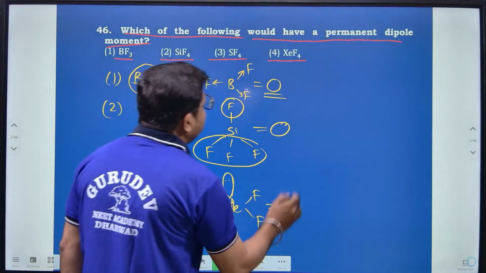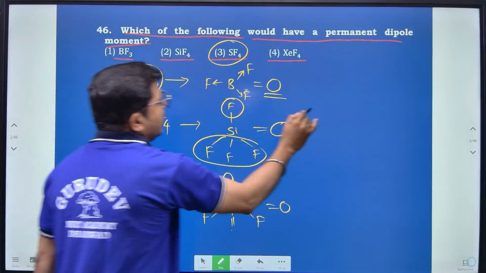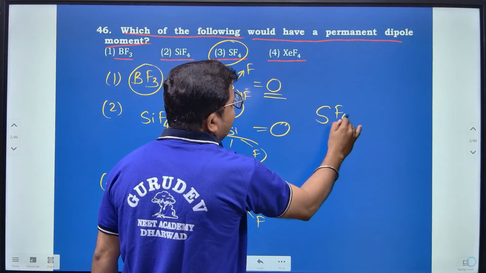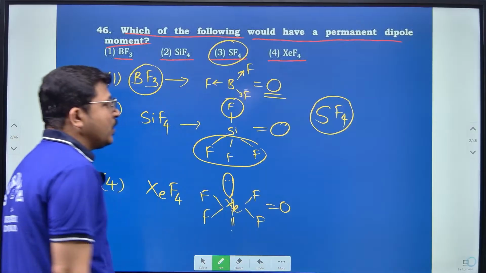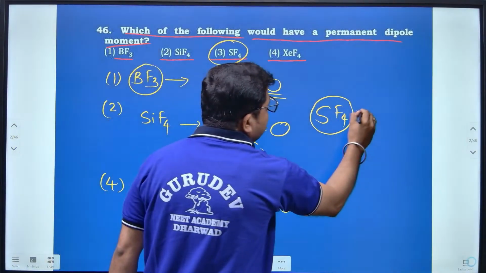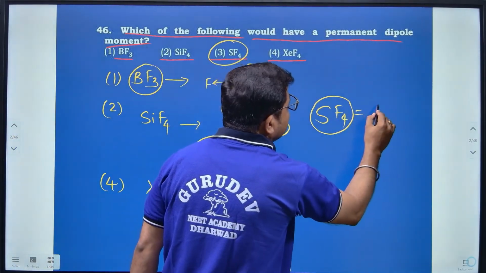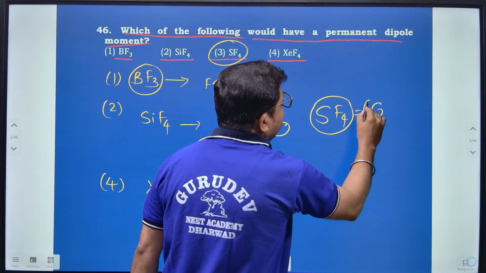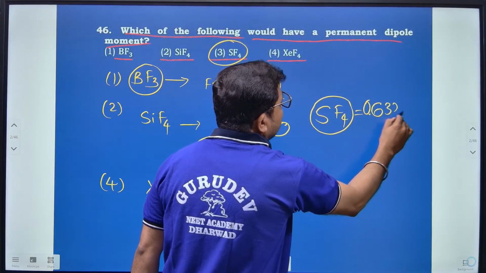But option number 3, SF4, has a dipole moment of 0.632.